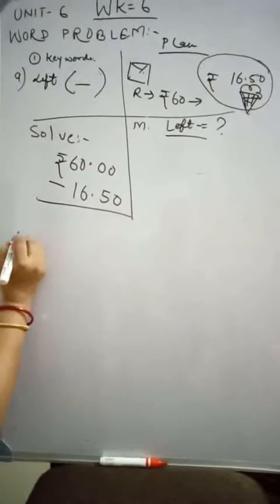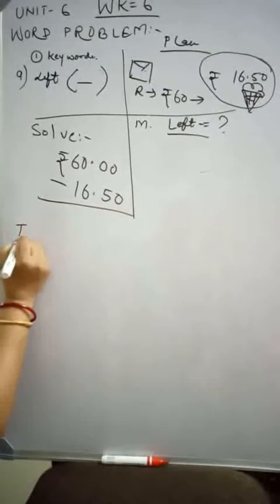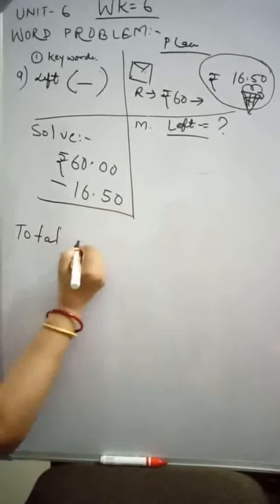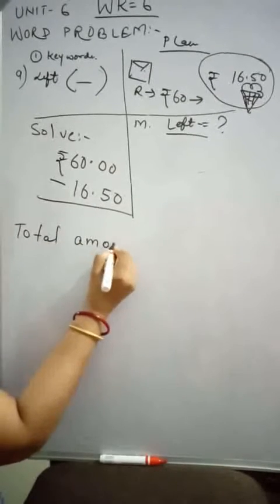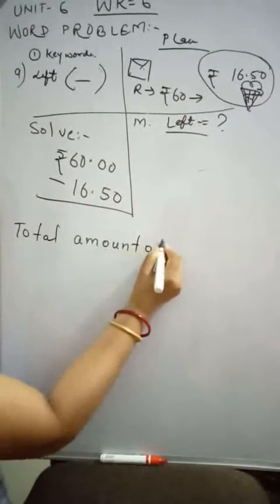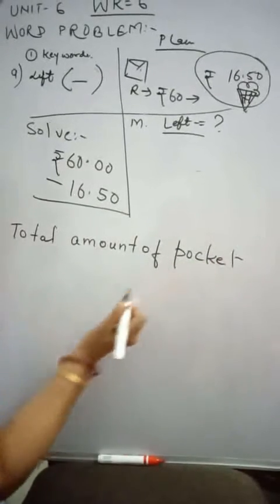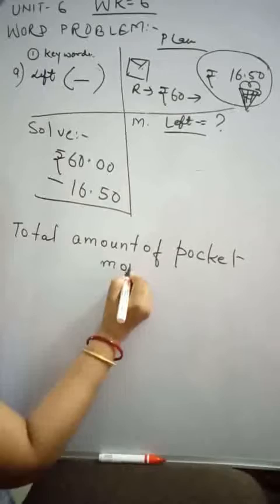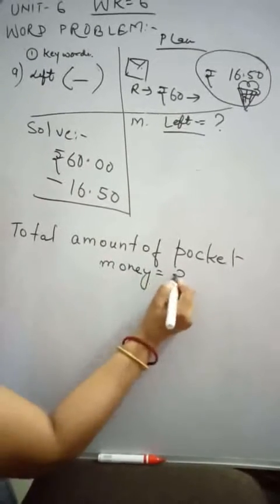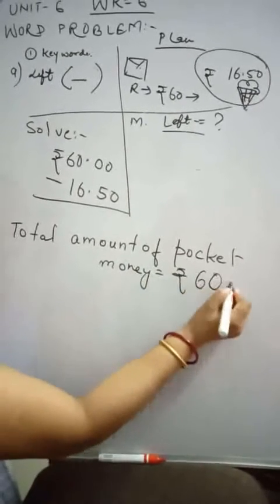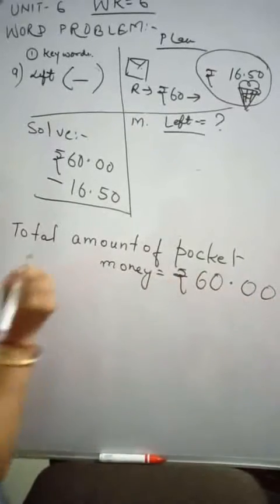Firstly, the total amount of pocket money is equal to rupees 60.00. Right?